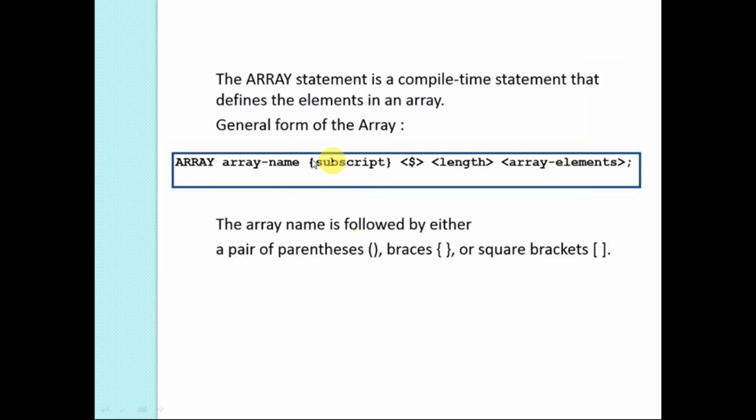During that time itself, it will define the elements you should have in this array. And the array name is followed by either a pair of parentheses, or braces, or square brackets.